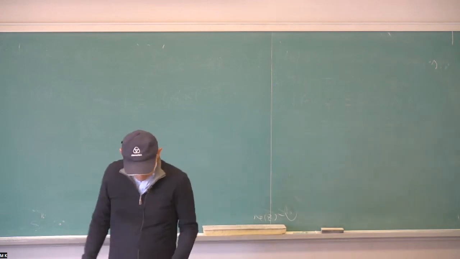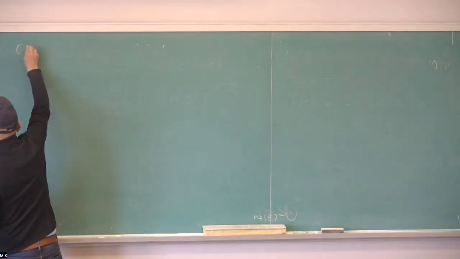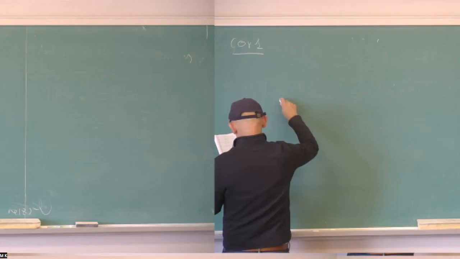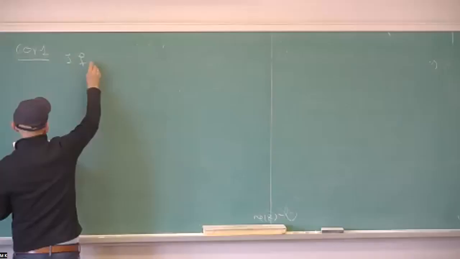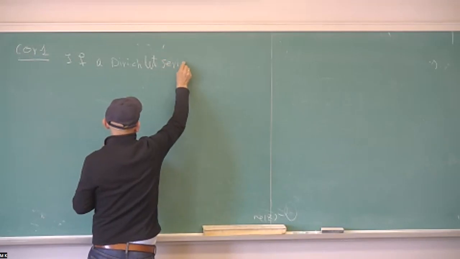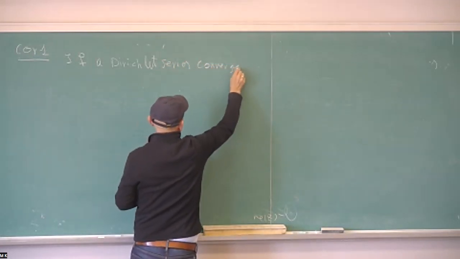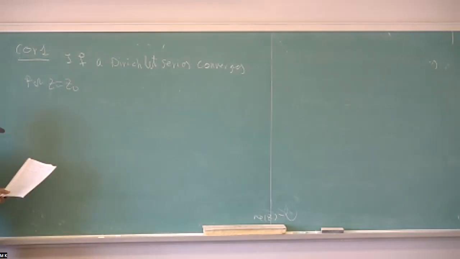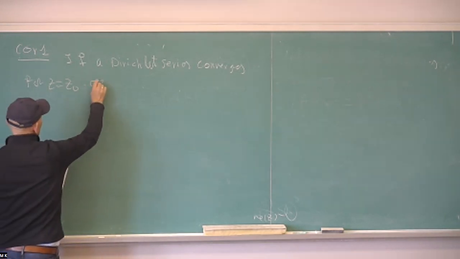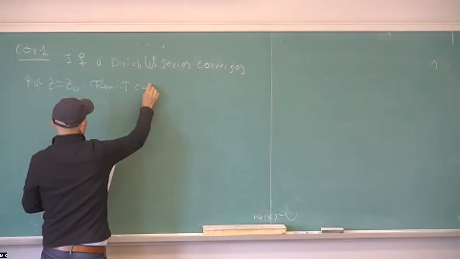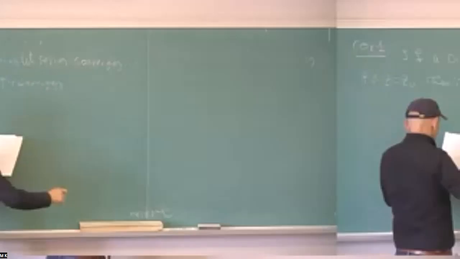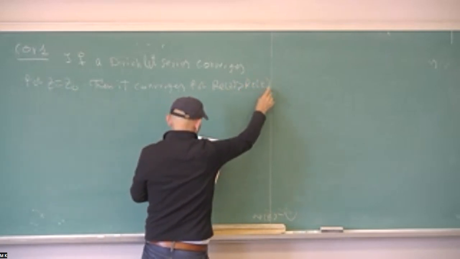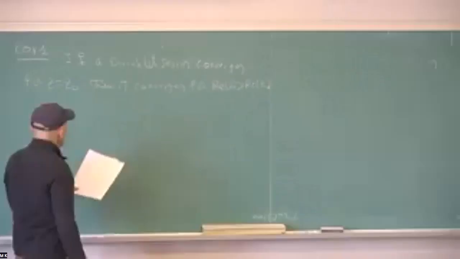So this is corollary 1. If a Dirichlet series converges for z equal to z0, then it converges for real part of z bigger than real part of z0, and the limit is holomorphic.